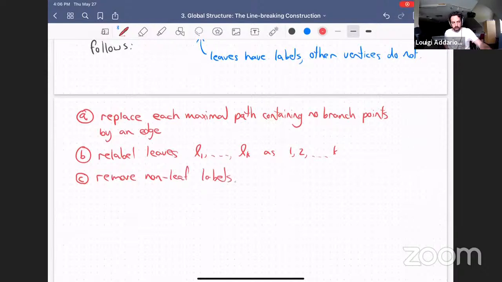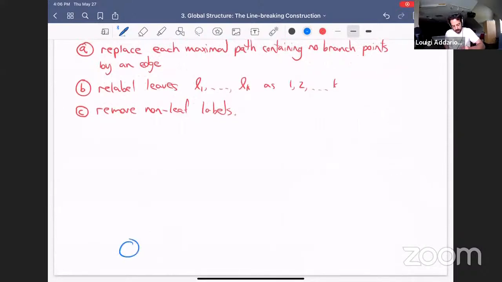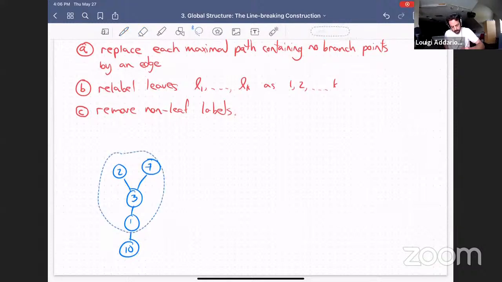So just to give you a quick example, if I had a tree, let me make it a tiny bit more complicated.